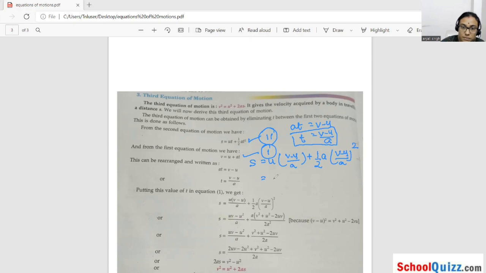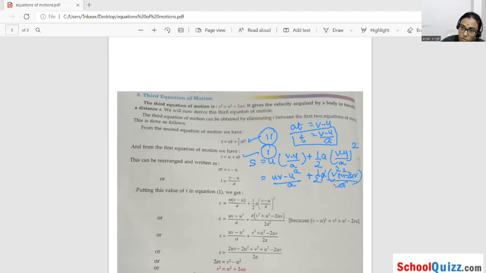So what will it be? (uv minus u square) upon a, plus half a, into (v minus u) whole square upon a square. You can see (a minus b) whole square is a square plus b square minus 2ab. So v square plus u square minus 2uv. Clear?